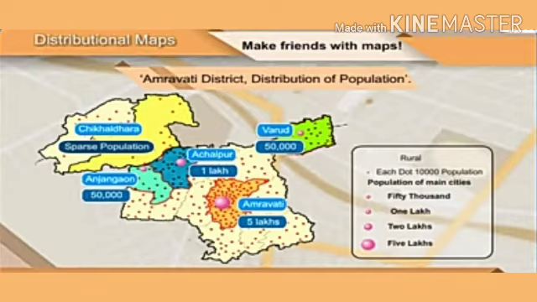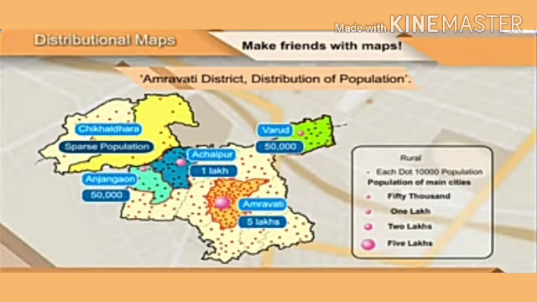In the given map of Amravati district, the distribution of population of Amravati is shown. Different types of dots are used. Some dots are bigger, some are smaller. With the help of the dots, we can identify that the population of Amravati town is 5 lakh, whereas Achalpur has only 1 lakh population.